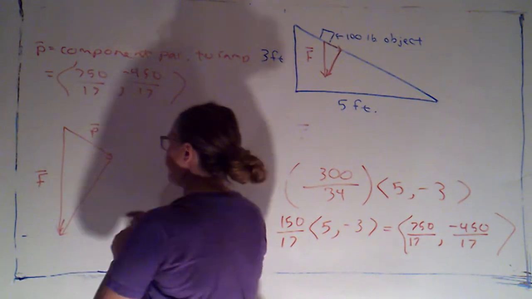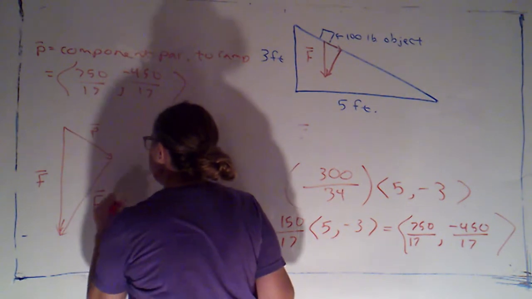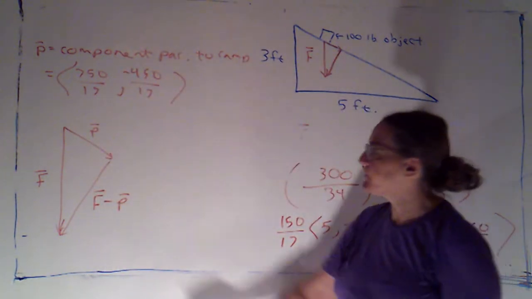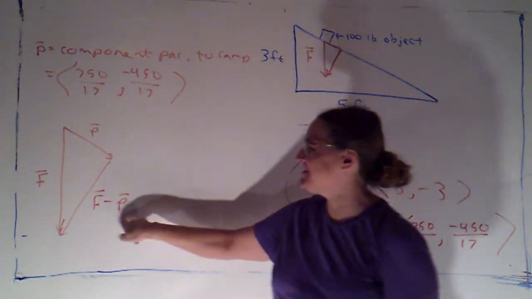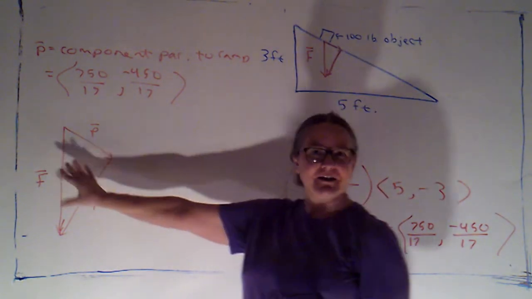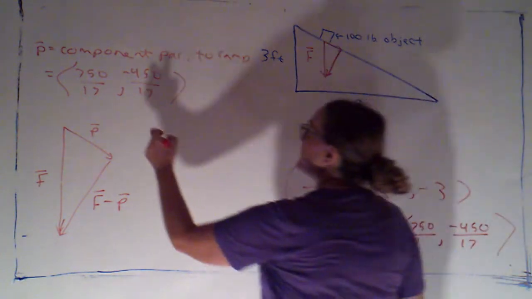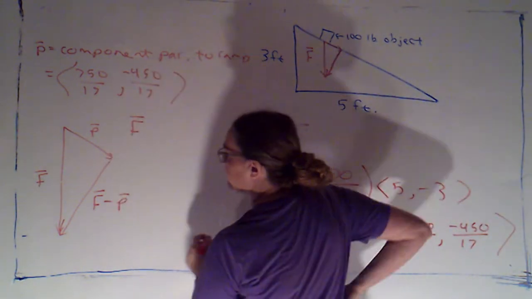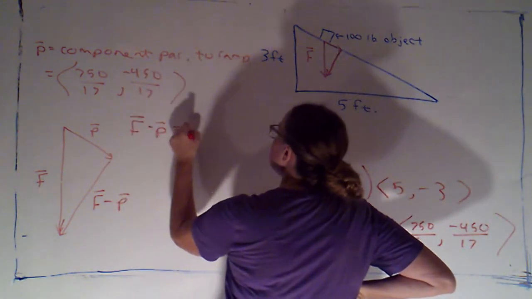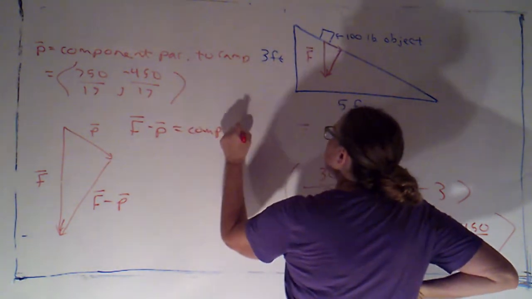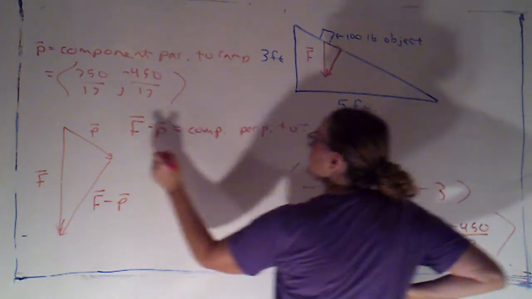So if I solve for this, it's just going to be F minus P. That way P plus F minus P is going to equal F. So I can just use vector subtraction to find the component that's perpendicular to the ramp. So F minus P is the component perpendicular to the ramp.